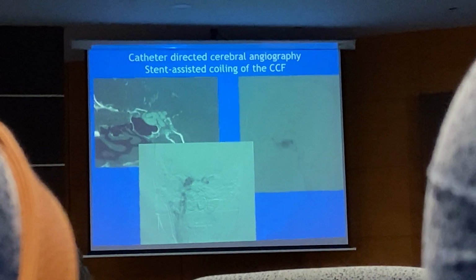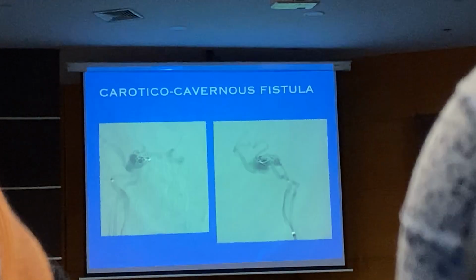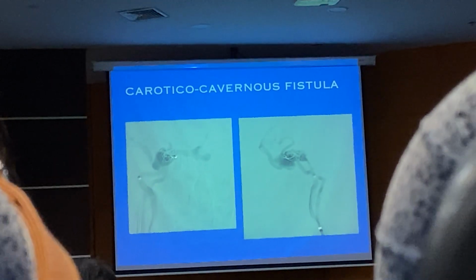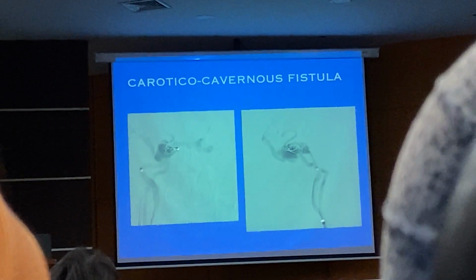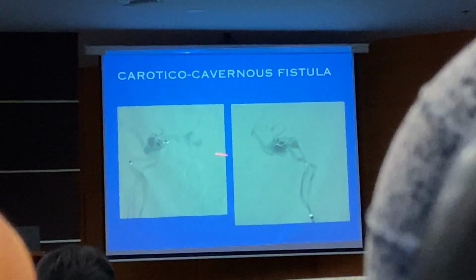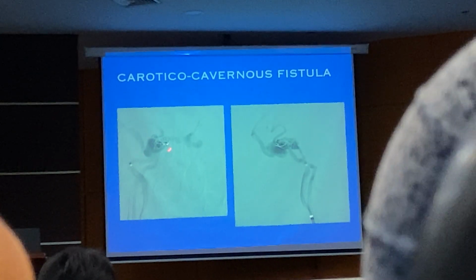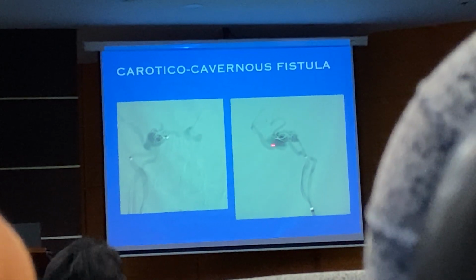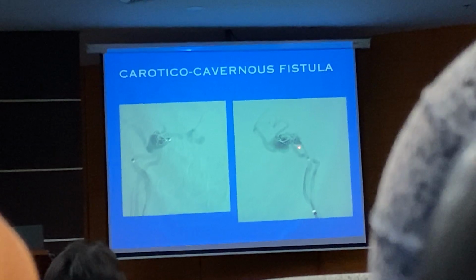So what we did, we put in a flow diverter stent as well as a coil procedure. We place a catheter and a flow diverter toward the internal carotid artery and block the cavernous sinus with coils.